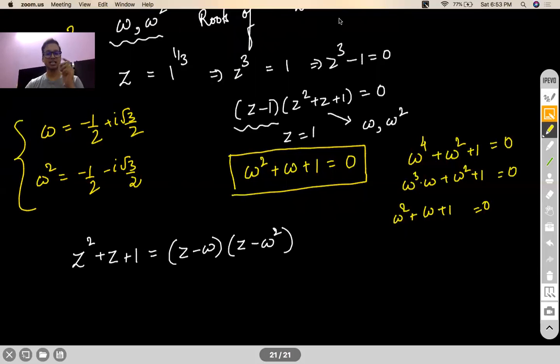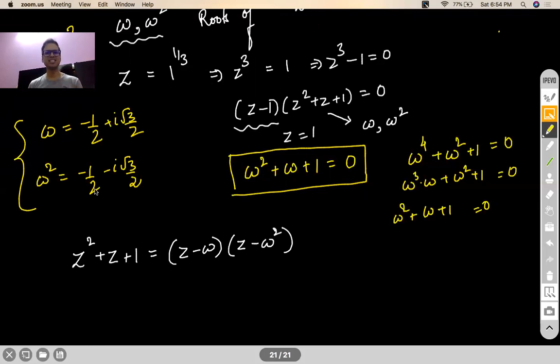Very important. Achha, one more thing I would like to add over here. Don't start taking any omega to be minus half plus i root 3 by 2 unless stated that it is one of the complex cube roots of unity. Omega could also be used for any complex number in general, because it's like the GIF symbol. If I use a square bracket, it may be some normal bracket also.